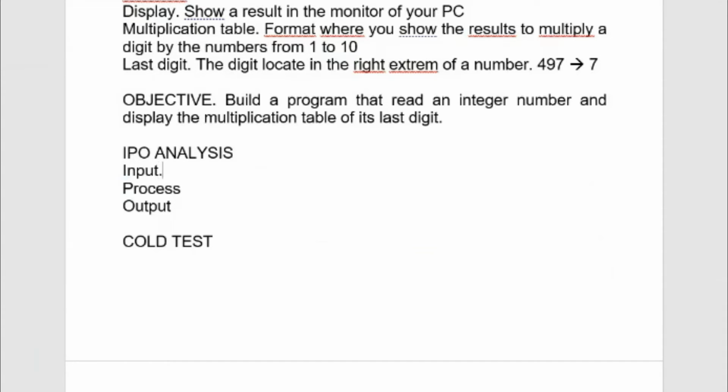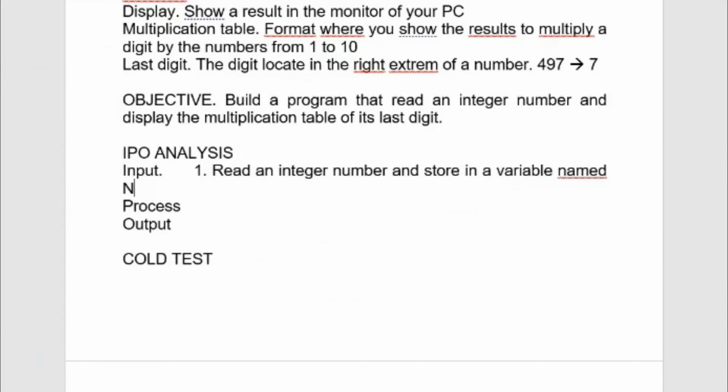So, what is the input? The first step, look, the objective is build a program that reads an integer number. So you need to read an integer number, and you have to store it in a variable named num.